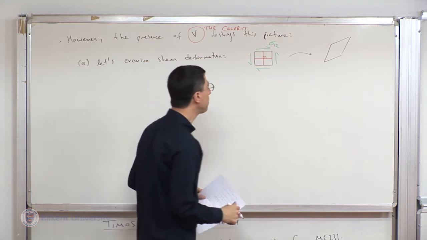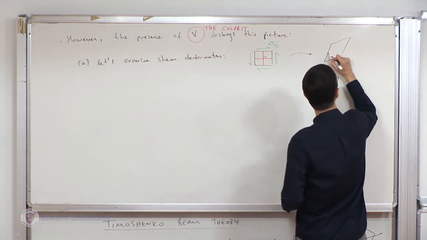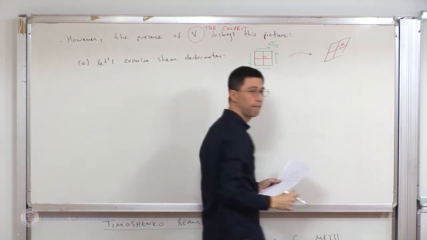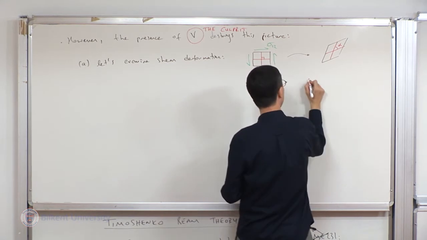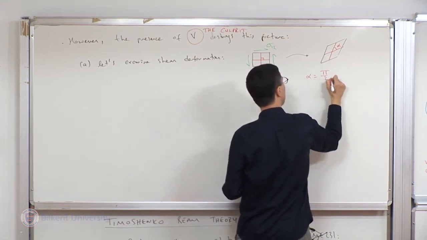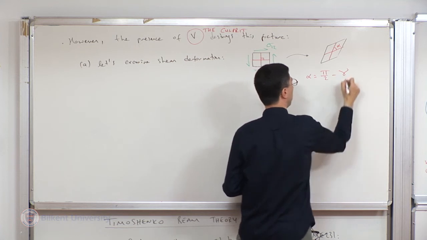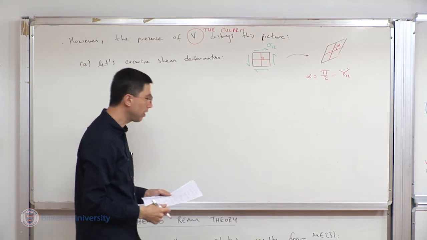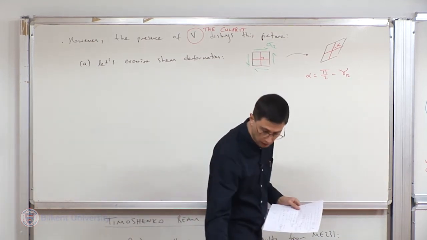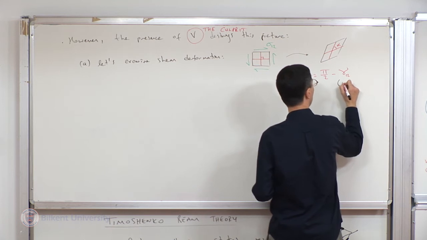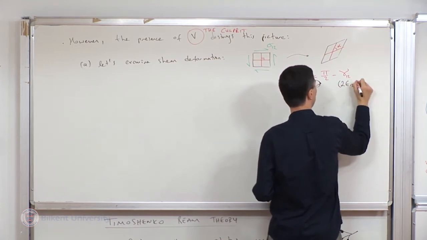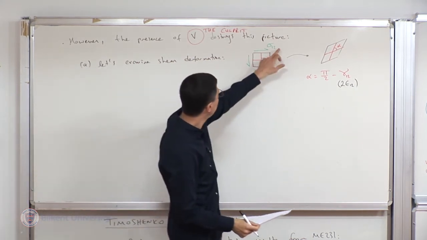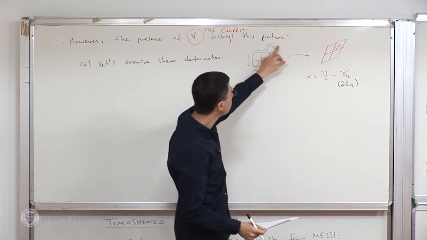And what concerns me at this stage is, due to the presence of this shear force, these lines now will not be perpendicular to each other anymore. In fact, that is precisely the definition of the shear strain that we had used in ME 231. So this is 2 epsilon 1, 2. So shear strain is not 0. And it's not 0 because there is a shear stress.